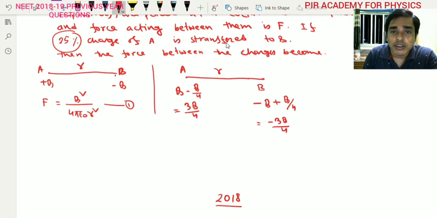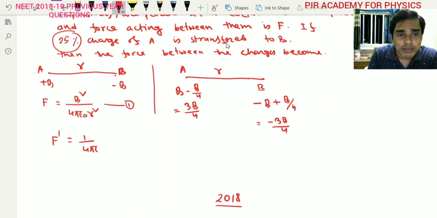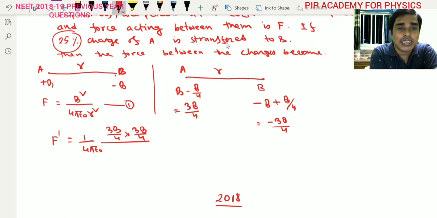Now the force between these two charges, suppose F dash, so F dash will be equal to 1 by 4 pi epsilon naught, 3Q by 4 and 3Q by 4 divided by R square, because distance is same.